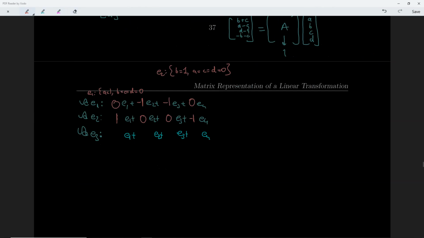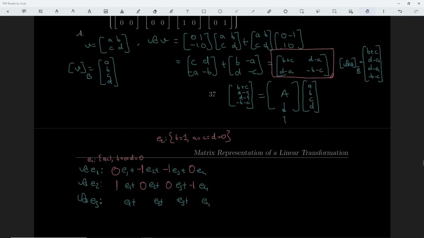C is equal to 1 this time, so the first coefficient is 1, these coefficients are 0, D minus A is 0, and the last is minus 1. Lastly, the linear transformation of E4 corresponds to D equal to 1 and all other coefficients 0. The matrix is 0, 1, 1, 0.